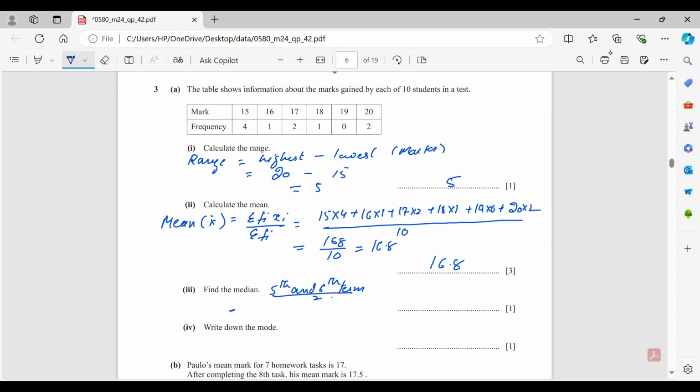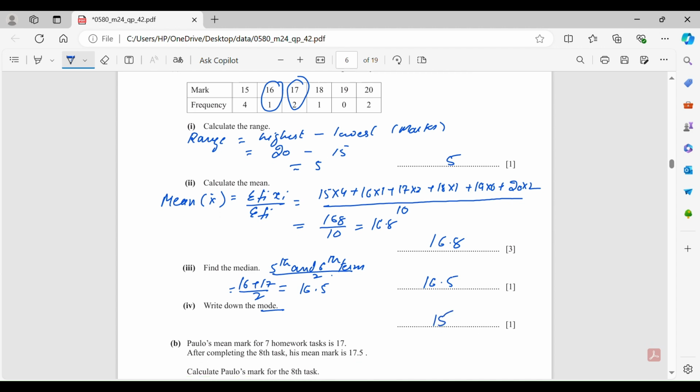The fifth term will be this and the sixth will be this. So 16 plus 17 divided by 2, which is equal to 16.5. So our median is 16.5. Write down the mode. Mode is the highest occurrence value, which is 15. So our mode will be 15.